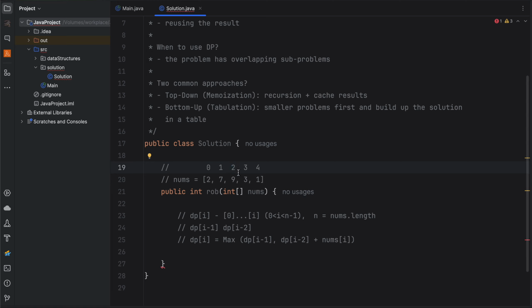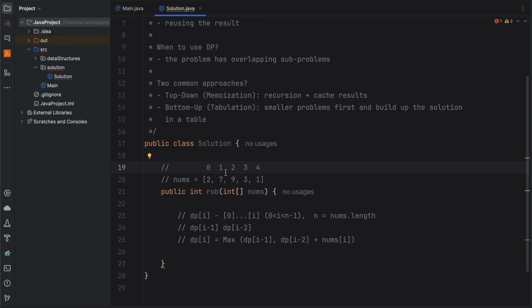But if we take the value of the sub-array that ends in I minus 2, then we can take all of that money, and on top of that we can add the money from the house I, because it's not adjacent to the I minus 2 house.